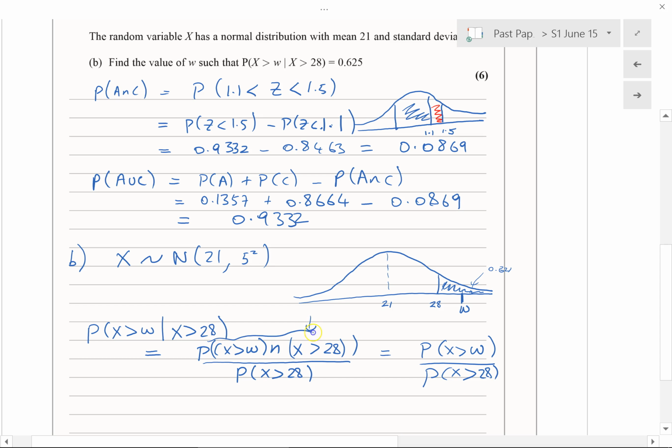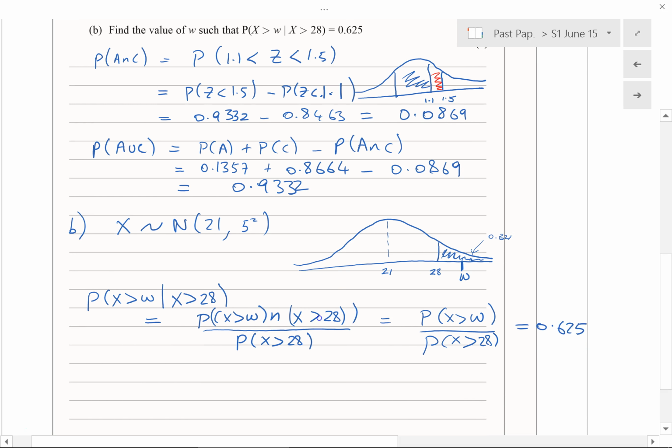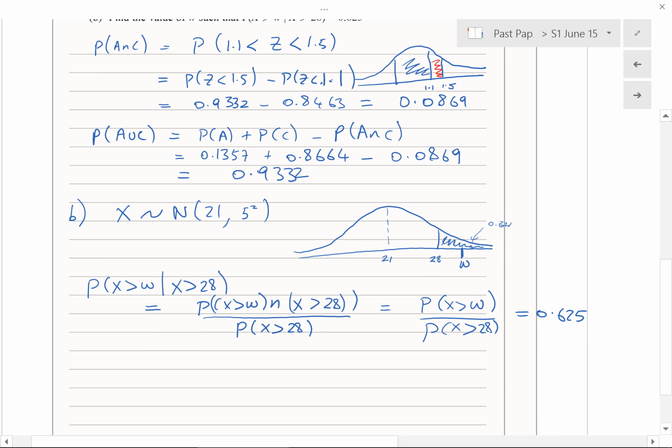I put this just for the general case, but in this particular case it's just that bit on top, and we're given that equals 0.625. So in order to proceed, we've got to actually work out what this is. So let's do that first.